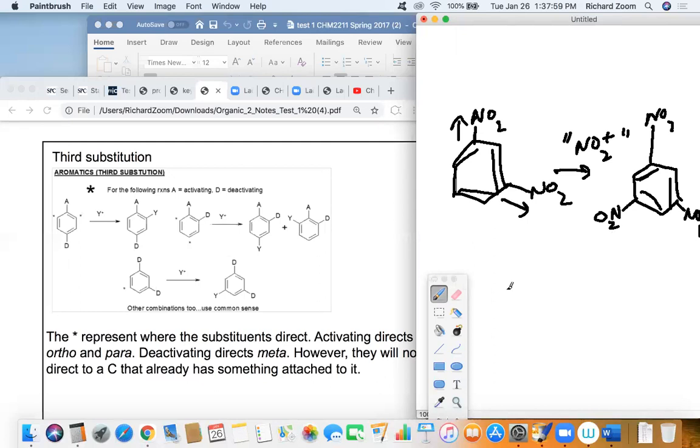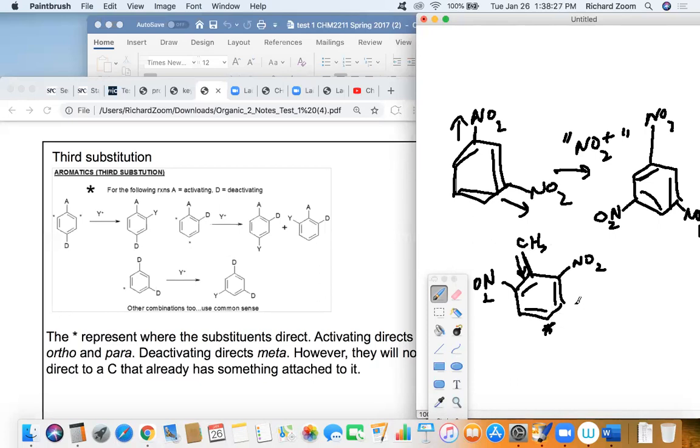Now, one thing you can do is, if you've already got an activating group on the ring, like a methyl group, then you can get this to go a lot more easily, because now you've got an activating group on the ring. But you'll see that this will direct where? Down here.